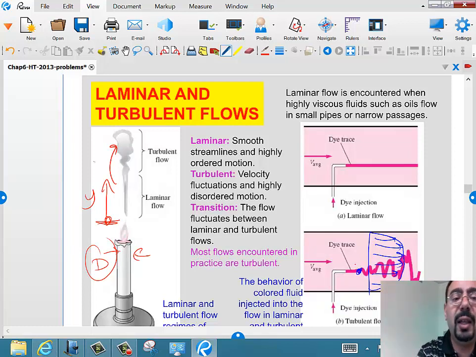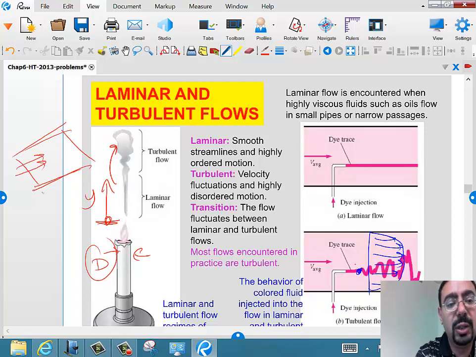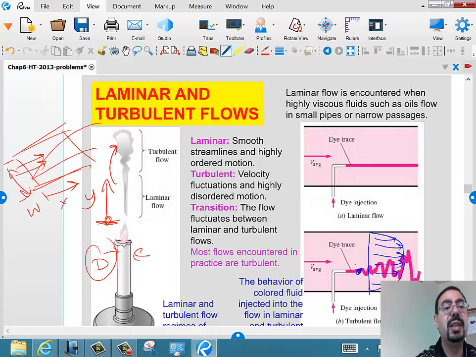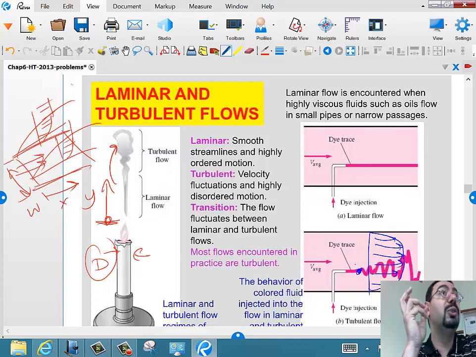So for example, if you have a flat plate like this and the air is moving in this direction, it's this x that makes sense to use in the Reynolds number, not the width, right? Because that width is just basically a repetition of the same velocity profile. That boundary layer will basically repeat itself across different slices of the plate. So it's only the x that makes sense. All right. Sometimes this is actually the most difficult part of the problem, to identify what is the length scale that I should use in the Reynolds number.